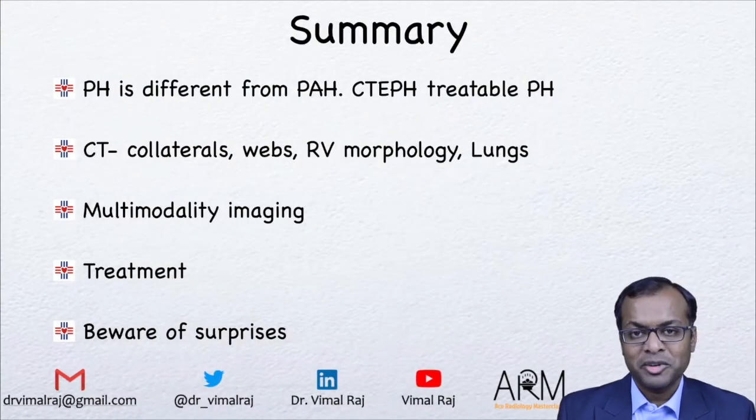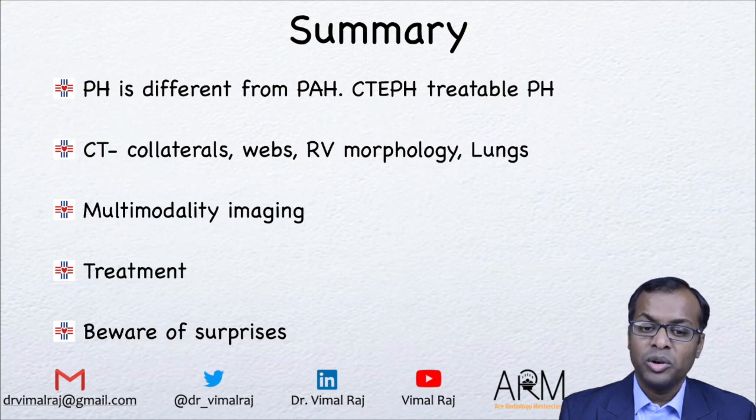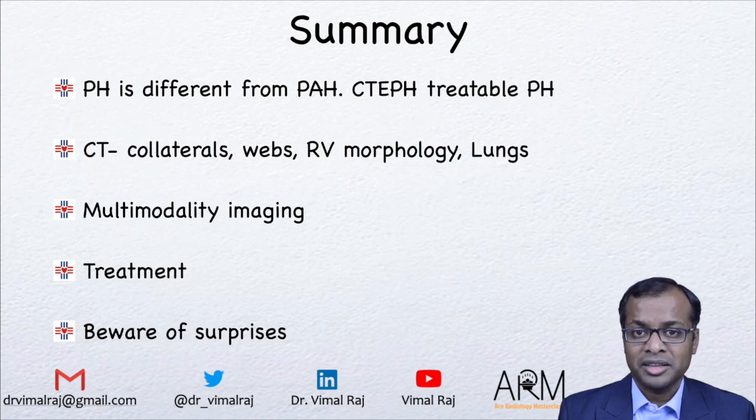So, in summary, PH is different from pulmonary arterial hypertension, and CTEPH is actually pulmonary hypertension and not pulmonary arterial hypertension. Second, on CT, look for collaterals, look for webs or filling defects where the vessels have become smaller, look for bronchial artery collaterals, and look at right ventricular morphology, helping you in deciding between acute and chronic pulmonary embolism.